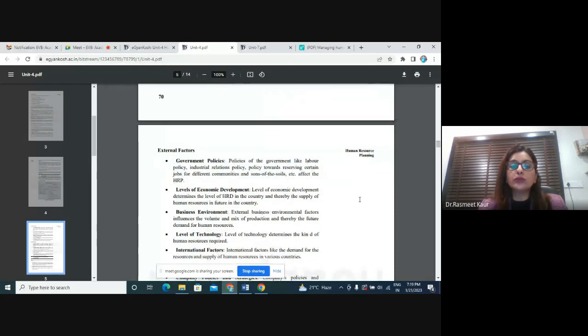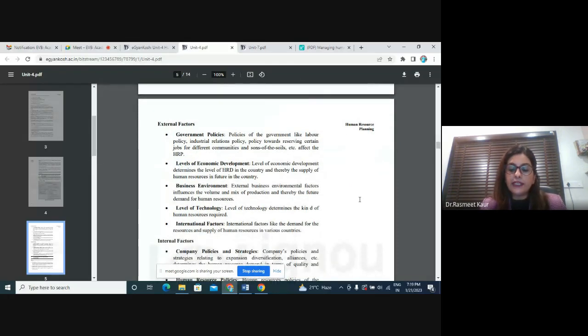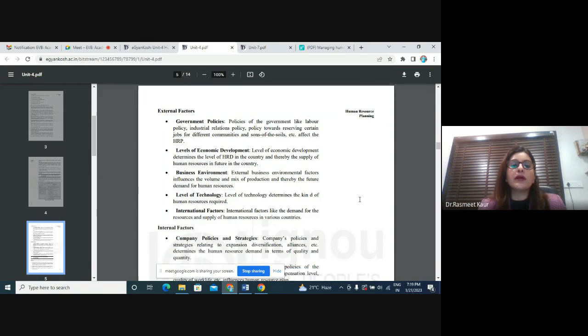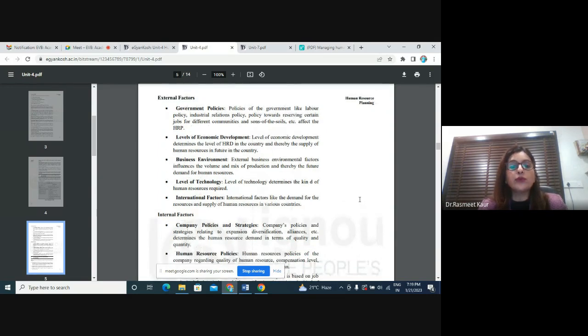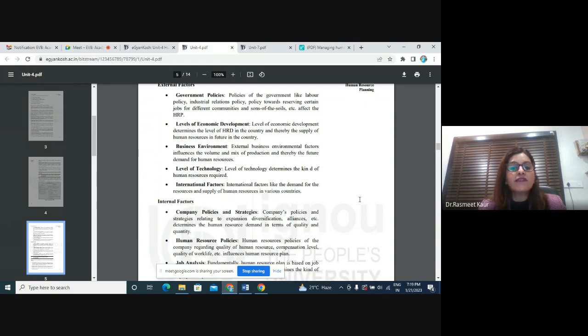So just go through these external and internal factors. It is not so complicated that you will not be able to understand. On the PDF which is shared with you, you can see external factors listed as government policies, level of economic development, business environment.